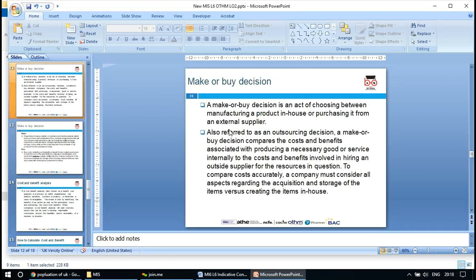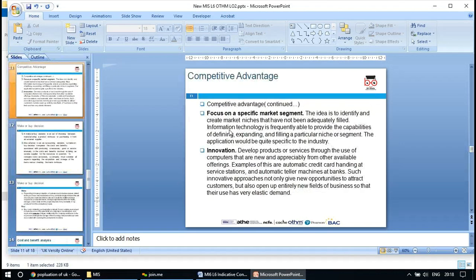So value creation is somehow related to competitive advantage. However, value creation is more focused on how you would be producing more outputs with less input, financially.